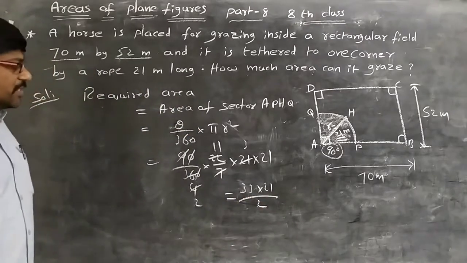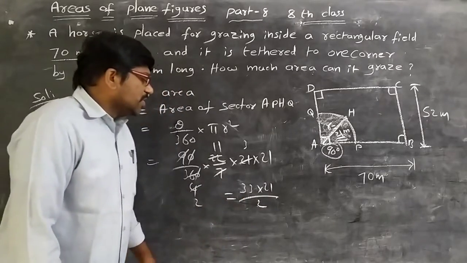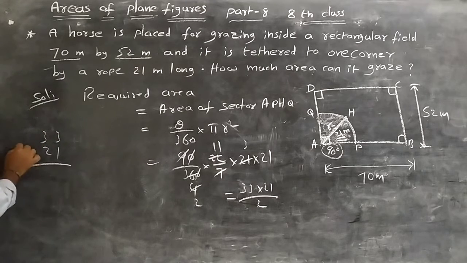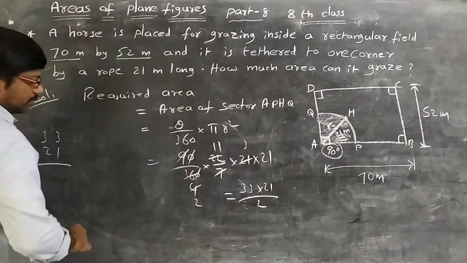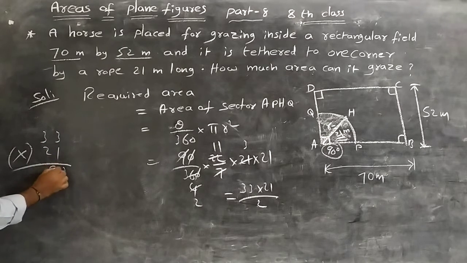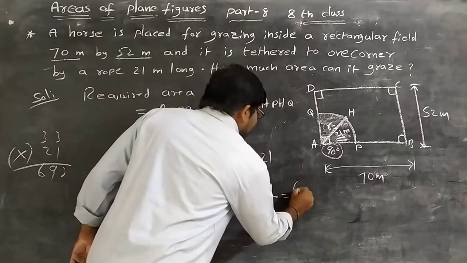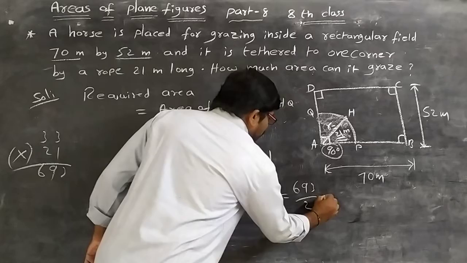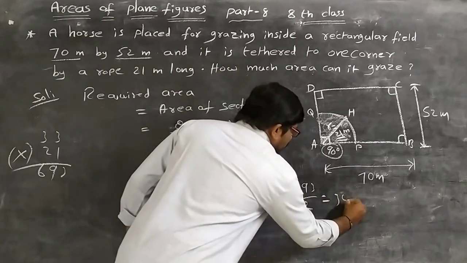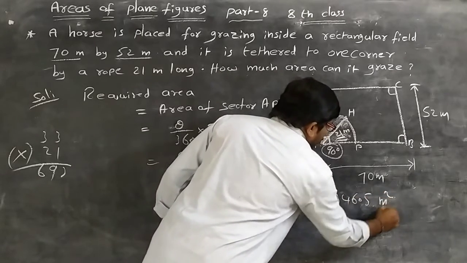So 33 into 21, multiply and divide by 2. 33 into 21 is 693. 693 divided by 2 is 346.5 meter square.